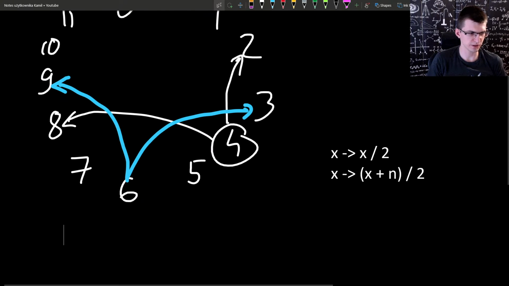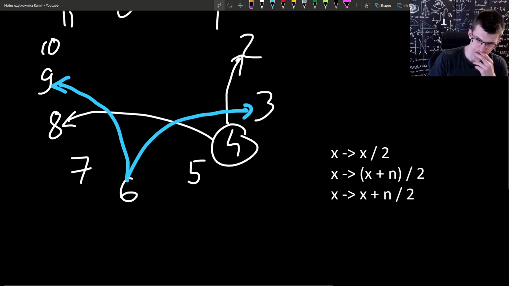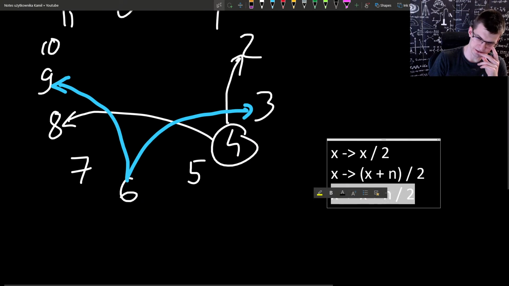X to x over 2 and x plus n over 2. I don't see why it would work. Yeah, okay. So this or that. Divide x or add n over 2.